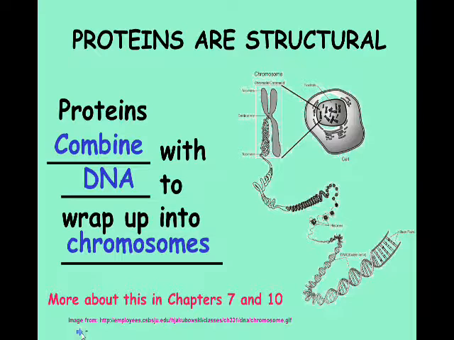And in order to get it to fit inside my cell and make it so it doesn't get tangled and doesn't get broken, I need to take that DNA molecule and wrap it and coil it very tightly to make a chromosome. And the molecules that help that happen are proteins. These little guys here, the little proteins whose job it is just to coil and wrap up the DNA very tightly to make a chromosome, they are proteins. So that's a pretty important function for proteins in your cell.